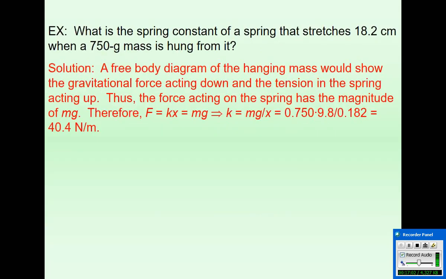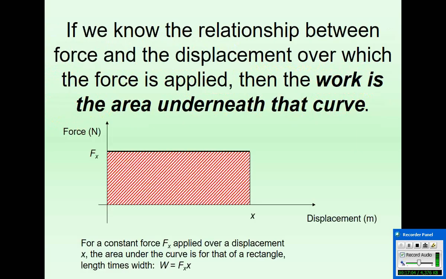Just a little background. I'm going to skip that. Take a look at the example, but it's similar to Hooke's law. It's just a review. Let's plot force versus displacement. As x increases, the force increases. But in this graph right here, we see a constant force.